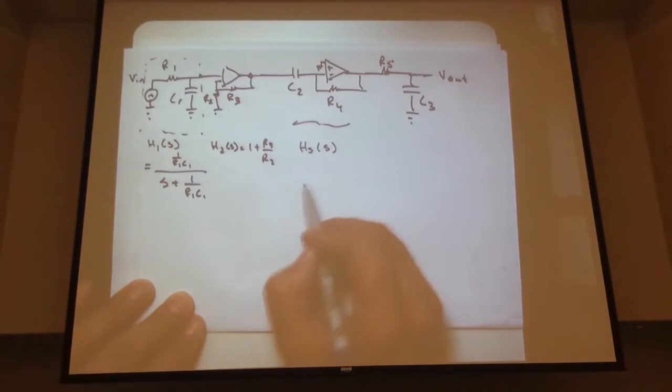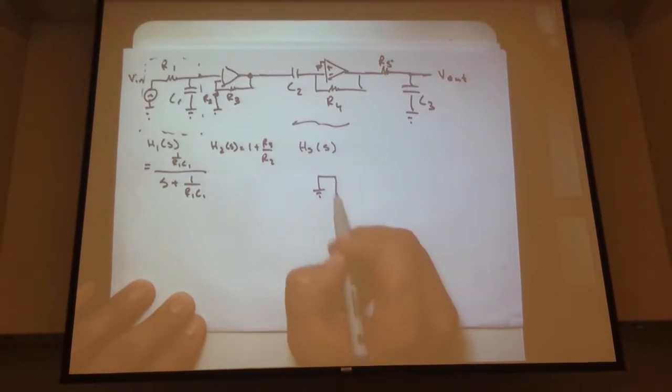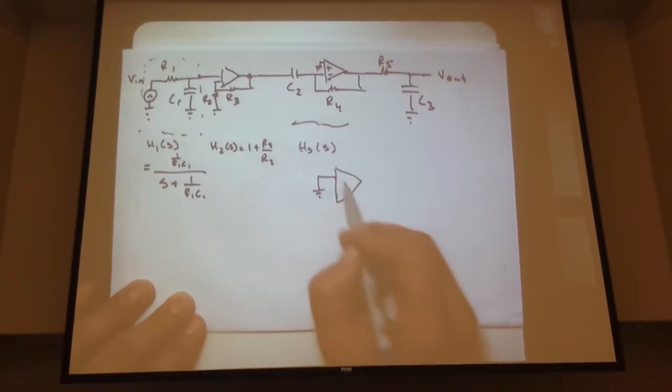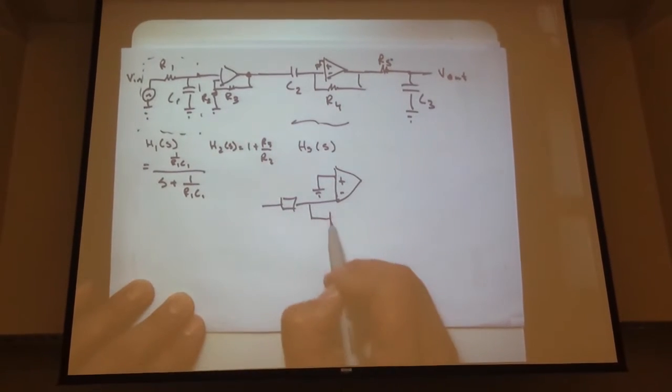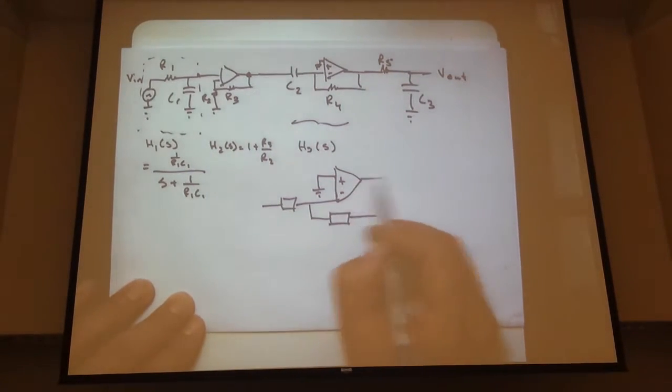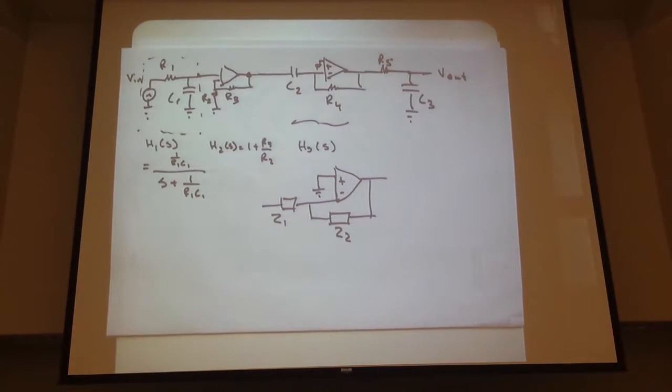Looking at this guy, here's our H3 of S. We can go back and redraw this in a more generic style, where we have a circuit like this, where these are arbitrary Z's, Z1 and Z2. That's the inverting circuit for impedance.